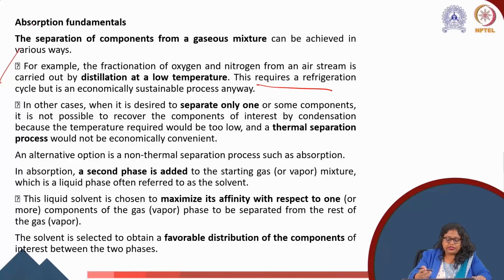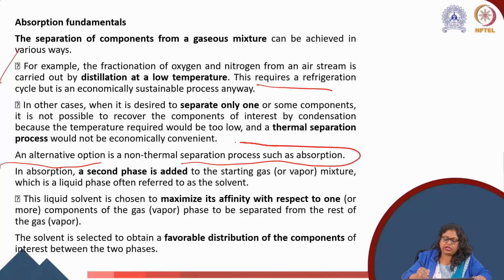In other cases, when it is desired to separate only one or some components, it is not possible to recover the component of interest by condensation because the temperature required would be too low, and a thermal separation process would not be economically convenient. So we have to move towards an alternative, a non-thermal separation process, which we call absorption.